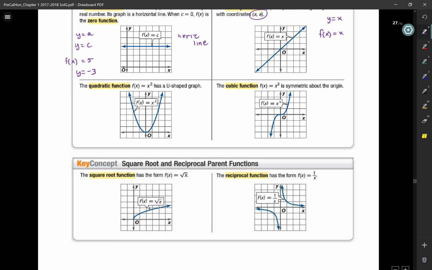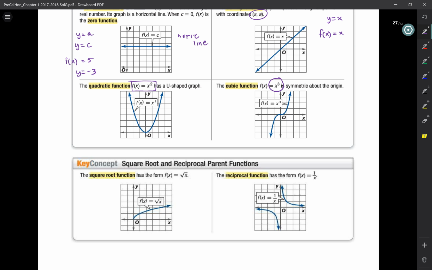All right, next is the quadratic function, f of x equals x squared. We know all this. Cubic function is x cubed. X cubed looks like this. Let's think about this for a minute. For positive x's, is f of x positive or negative?